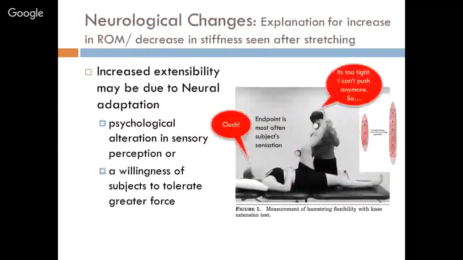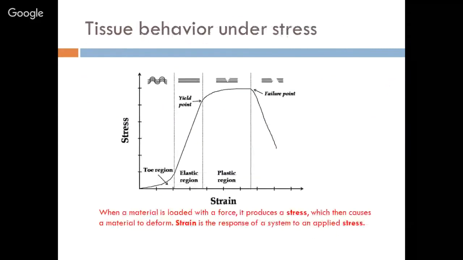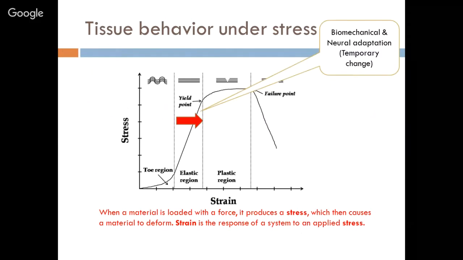So moving forward, we have looked into three different explanations for the changes that we observe when we stretch. The first is the biomechanical explanation: the temporary change, what I call short-term change in stiffness or in range of motion, that we often observe clinically, is due to the mechanical properties and also due to neural adaptation, which we just discussed.